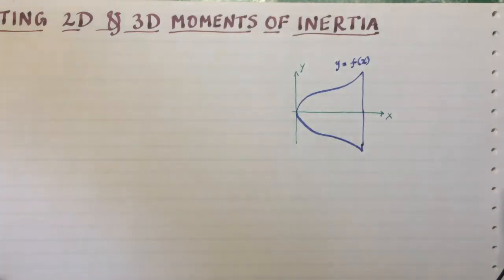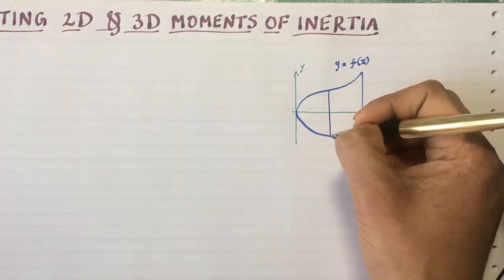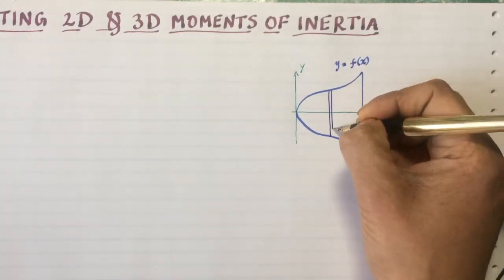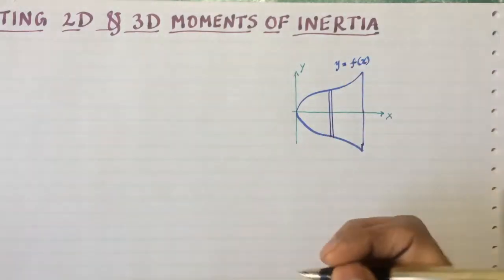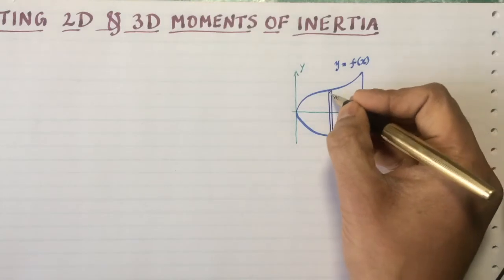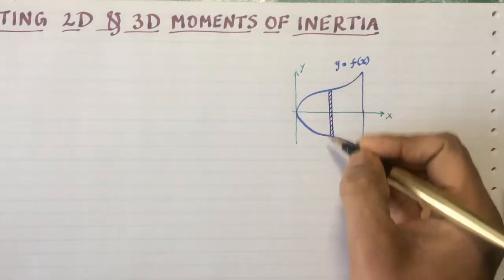So if I'm considering this to be a 2D object, then I would look at an element, and I'm rotating about the x-axis, so it's going to be this type of rotation. So the element I have here is basically a rod.